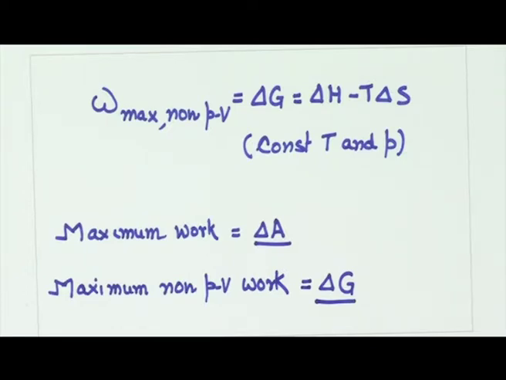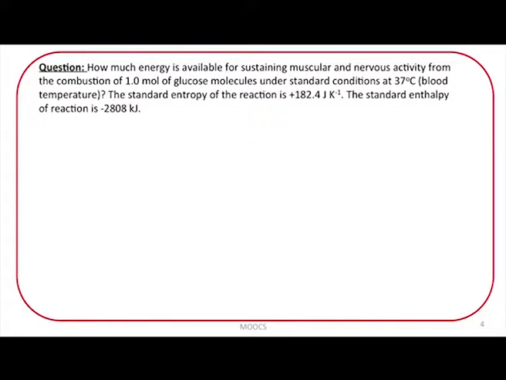Let us take an example which will further clarify the meaning of this. The question is, how much energy is available for sustaining muscular and nervous activity from the combustion of 1 mole of glucose molecules under standard conditions at 37 degrees Celsius. 37 degrees Celsius is blood temperature. The standard entropy of the reaction is plus 182.4 joules per Kelvin, and the standard enthalpy of reaction is minus 2808 kilojoule.